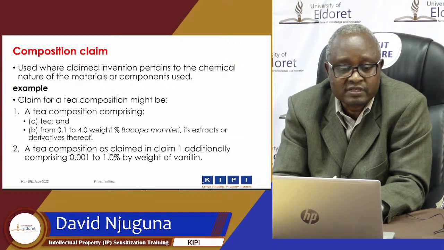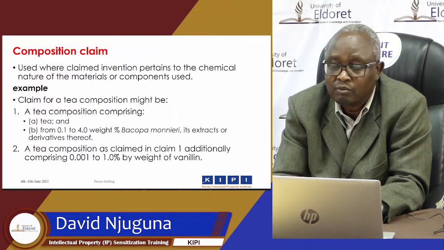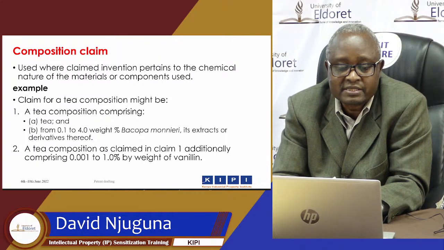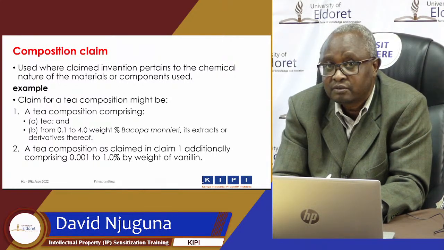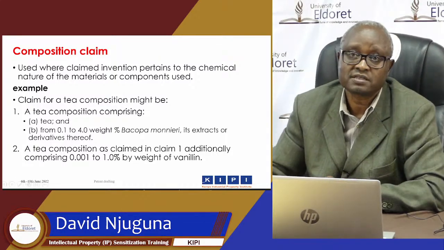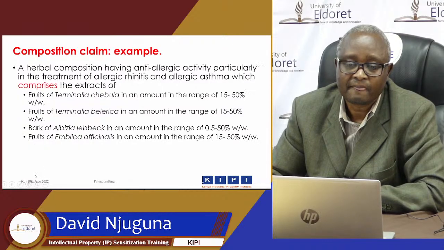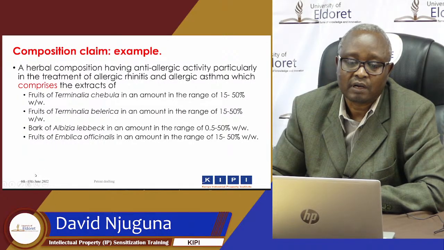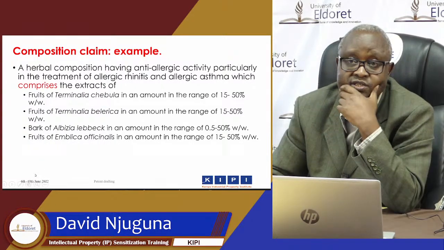Claim number 2 of the same would be a tea composition as claimed in claim 1, additionally comprising a particular percentage of vanillin. So again, you get protection for that composition. Herbal composition is also possible.